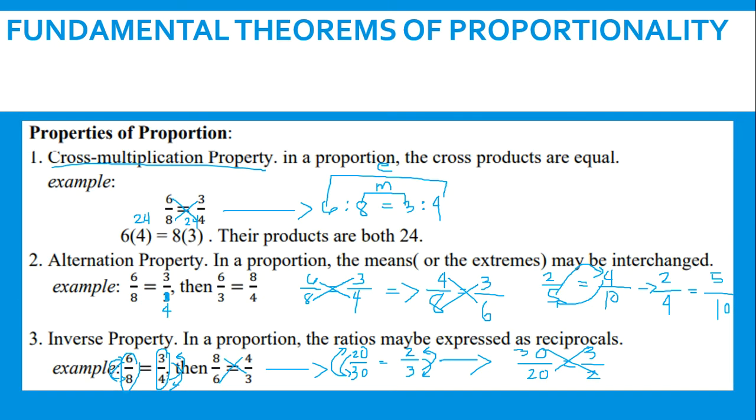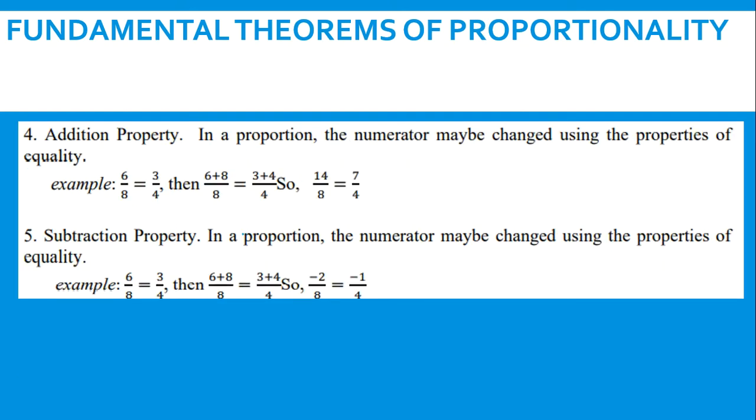Let's go back to 2 is to 5 as 4 is to 10, or 2 over 5 equals 4 over 10.